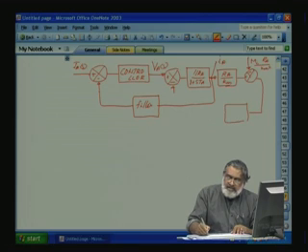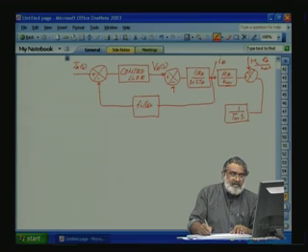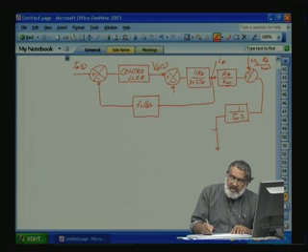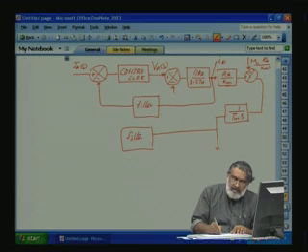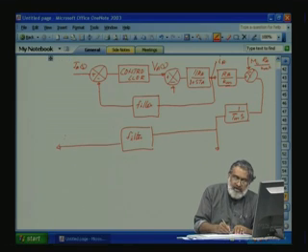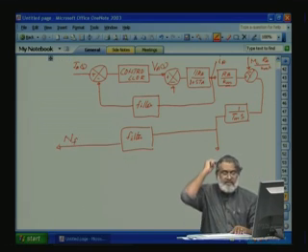Then this is our 1 by TMS, and this is our speed omega s, the output that we want. Now this output again goes through a filter and is given to the speed reference. This is our N feedback.